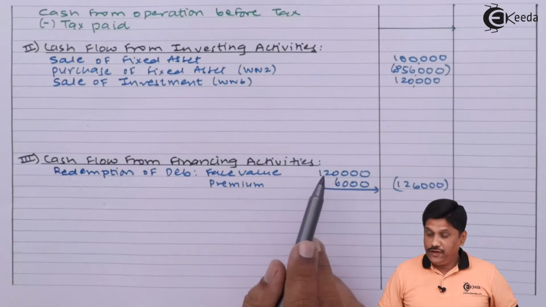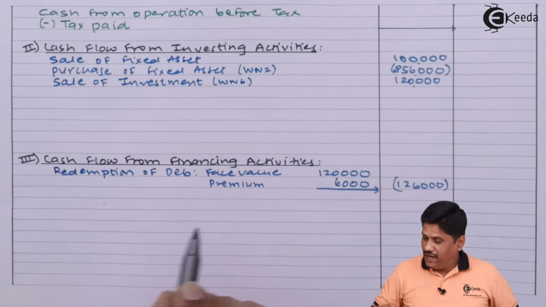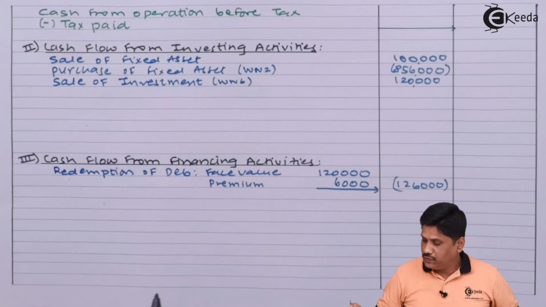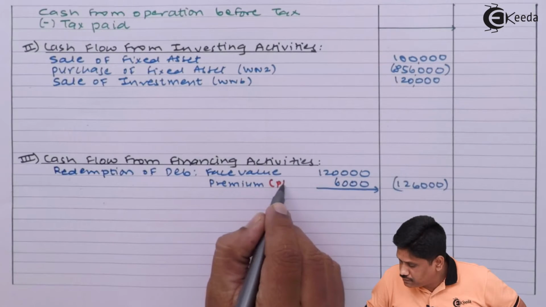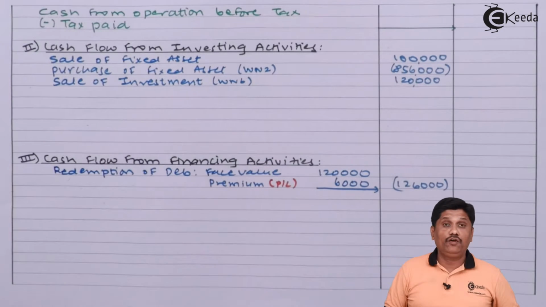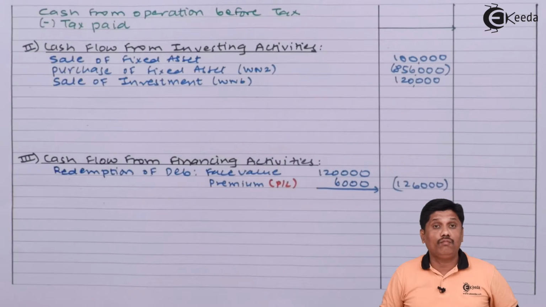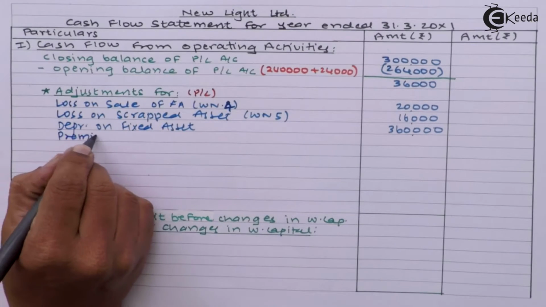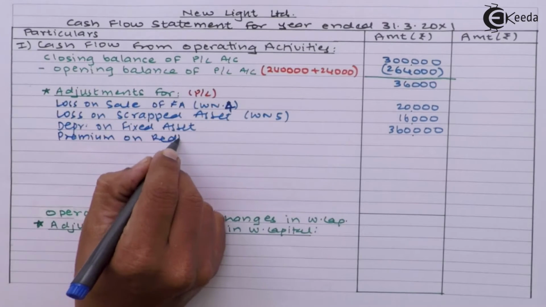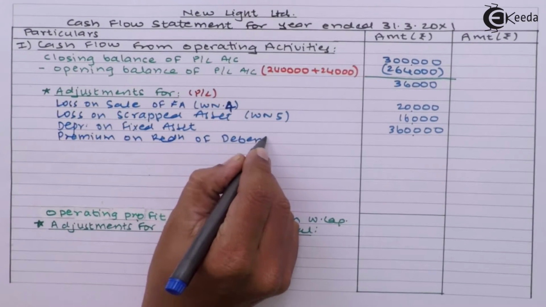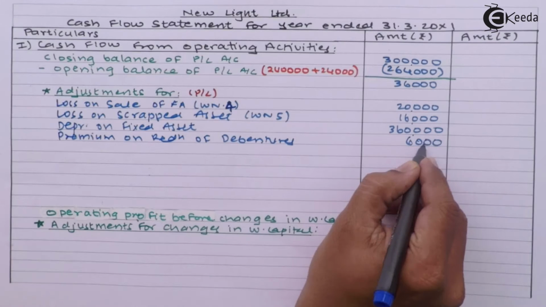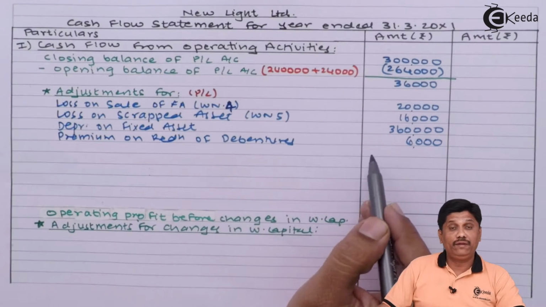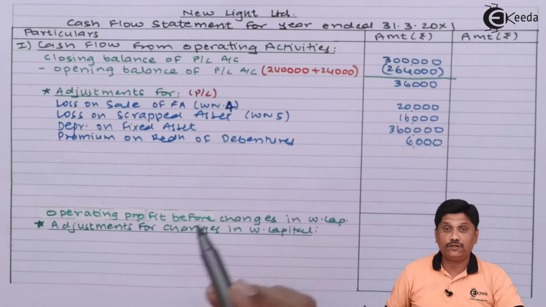Redemption of debenture face value is visible from the balance sheet itself, but premium we are assuming it is debited to P&L account. So in P&L account it is debited, which is a non-operating item. So I have added it back because it is a non-operating item debited to the P&L account, to make it correct.